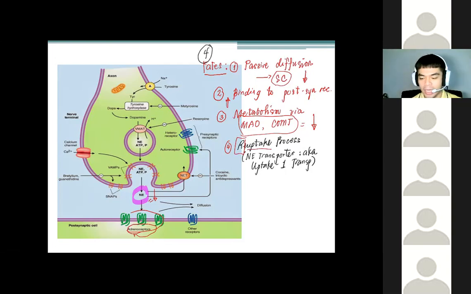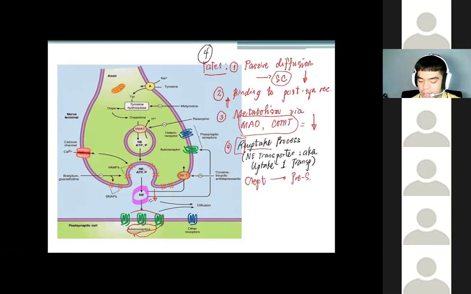Nangyayari ang reuptake in the cleft. From the cleft, ang norepinephrine ay babalik sa presynapse. So it goes this way. Kindly check the figure.